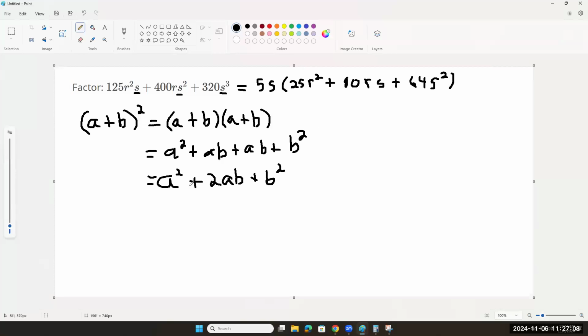Okay, so let's see how this compares to the work that I just did over here. Notice that 25R squared is a perfect square, just like A squared. In fact, the square root of 25R squared is 5R.